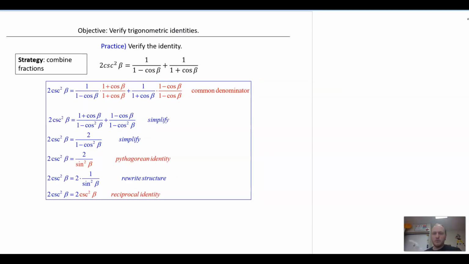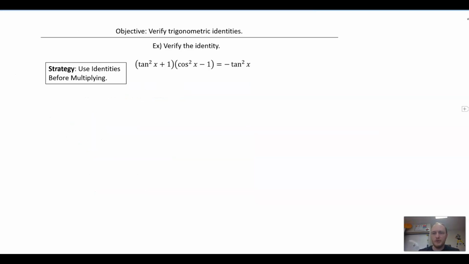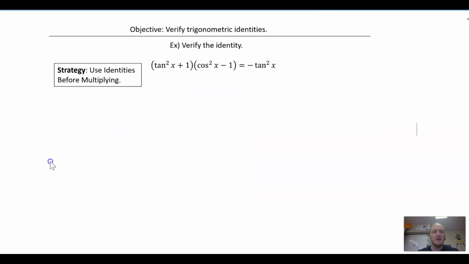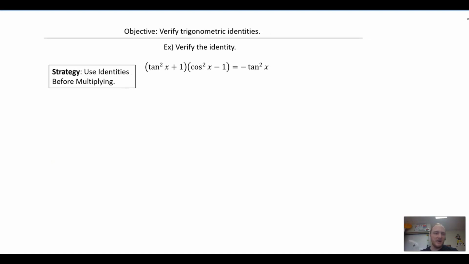All right, I have one more example that I want to show you, and here it is. We are asked to verify the identity, and here it says use identities prior to multiplication. Okay, so this one is pretty tricky.